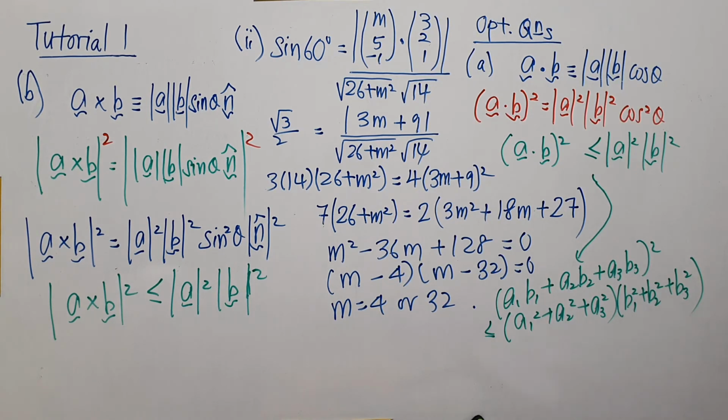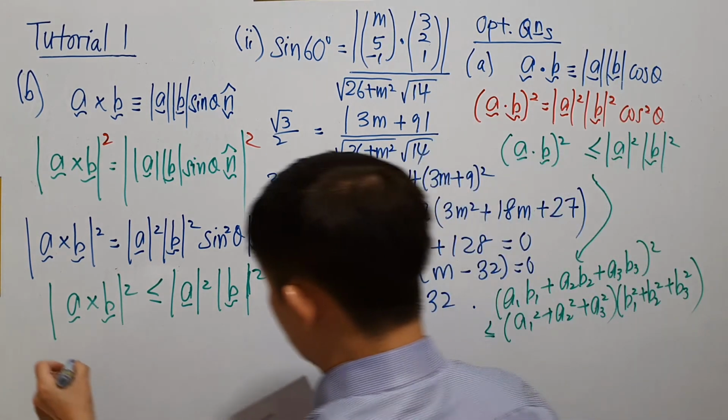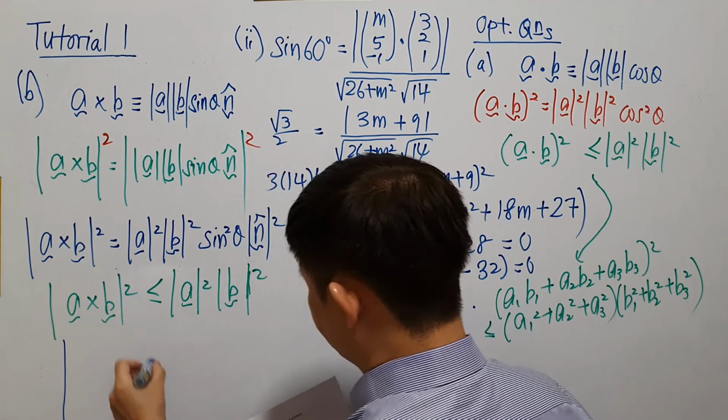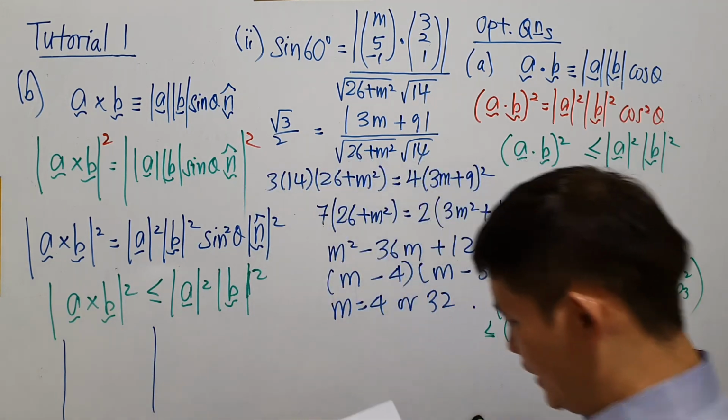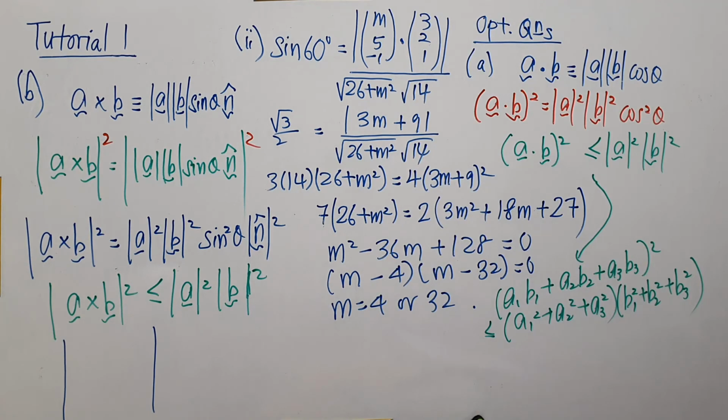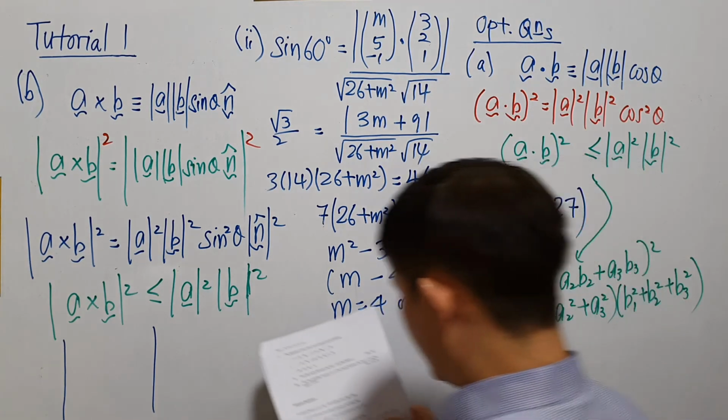A cross B, if you could recall, if you apply the approach, cover the first row, find the determinant, cover the second row, find the determinant, you find that A cross B will be just like this.